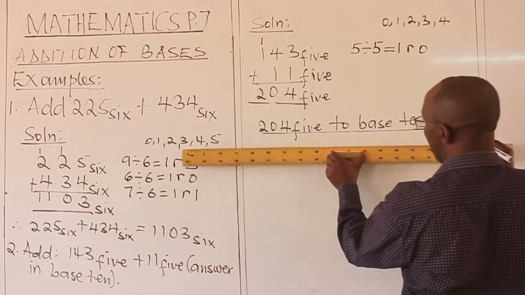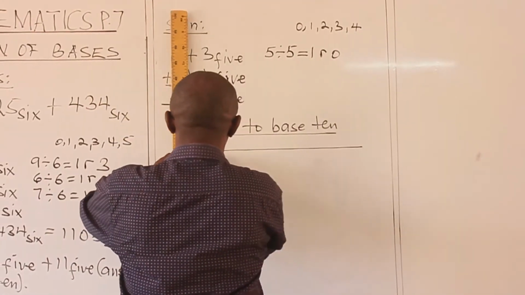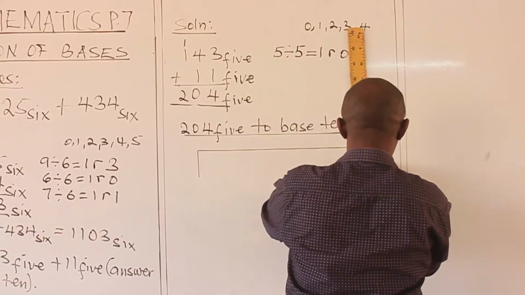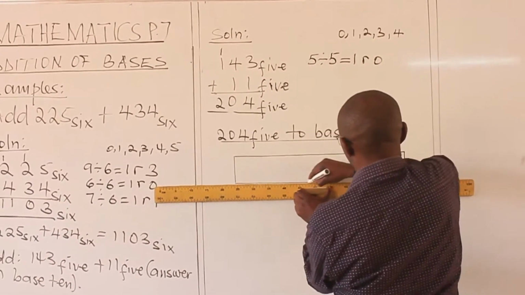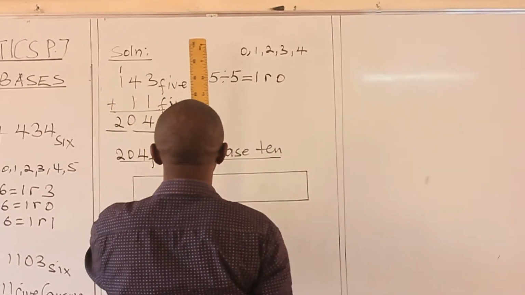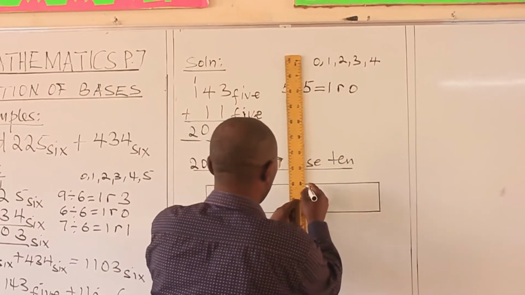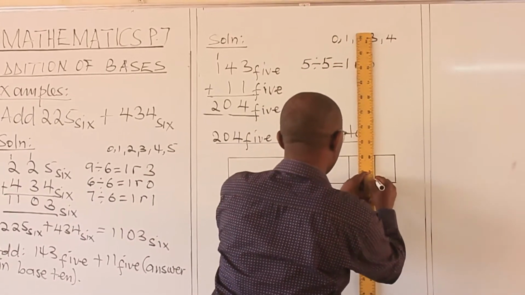I said you draw a table. You remember that. This is my table. You draw a table, then you split the table. This is a 3-digit numeral, so I divide it into 3.